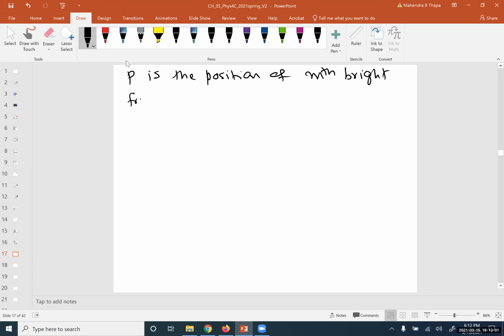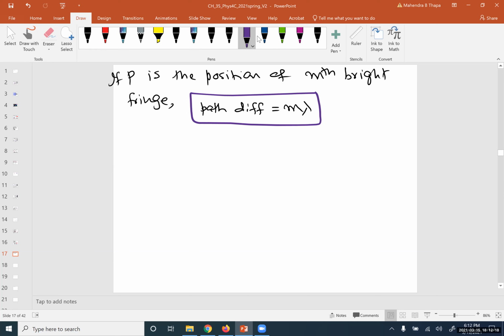So if P is the position of the mth bright fringe, then the path difference must be equal to m lambda. This is from the previous lecture, it is known. So m is equal to 0, plus or minus 1, plus or minus 2, and so on.